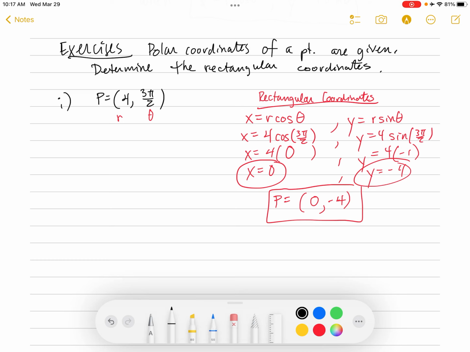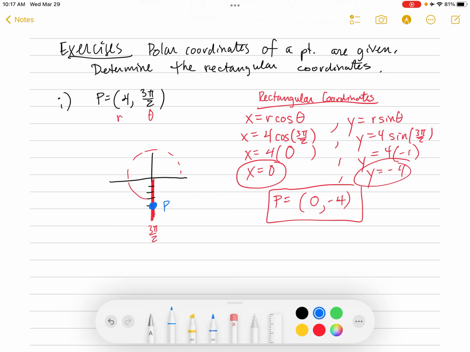So let's plot first our polar point. So you go, first of all, 3 pi over 2. So 3 pi over 2 here is a 270 degree angle, right? And I'm on a circle of radius 4. 1, 2, 3, 4.